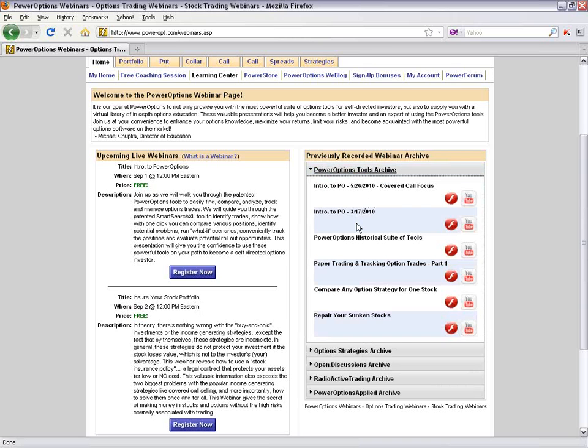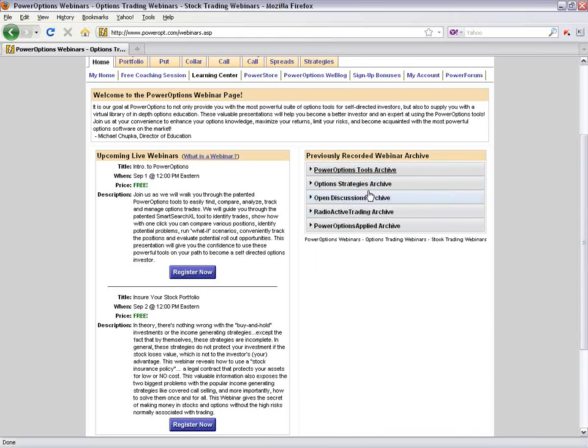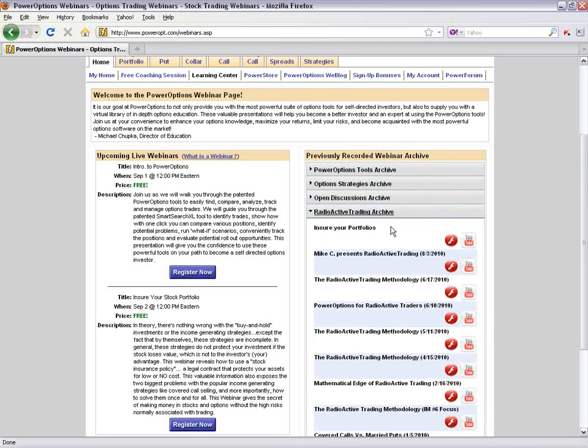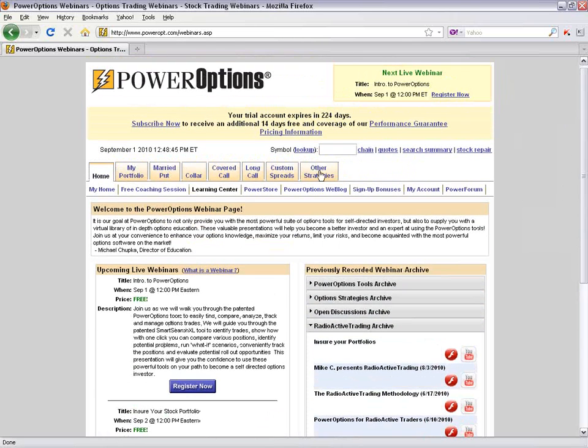There's some on Introduction to Power Options, using the Power Options suite of tools, option strategies, open discussions, and radioactive trading. Mary, most likely I'm going to have this presentation replace Power Options for Radioactive Traders for 6/10/2010. So it will be in that webinars listing under the Learning Center in the Radioactive Trading archive, and this will probably be available Friday morning.